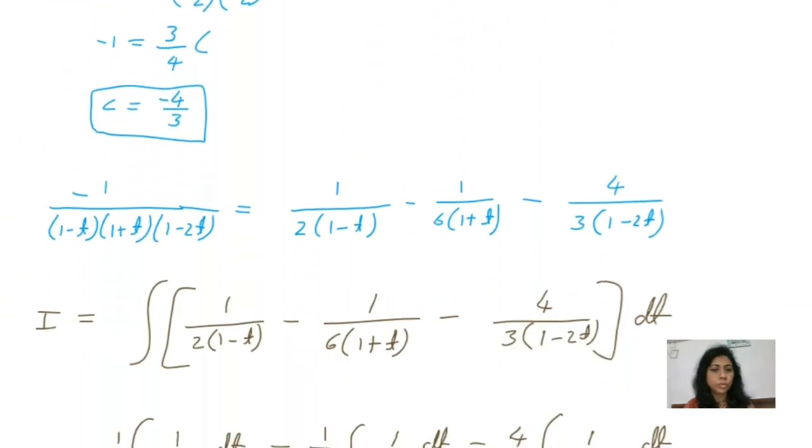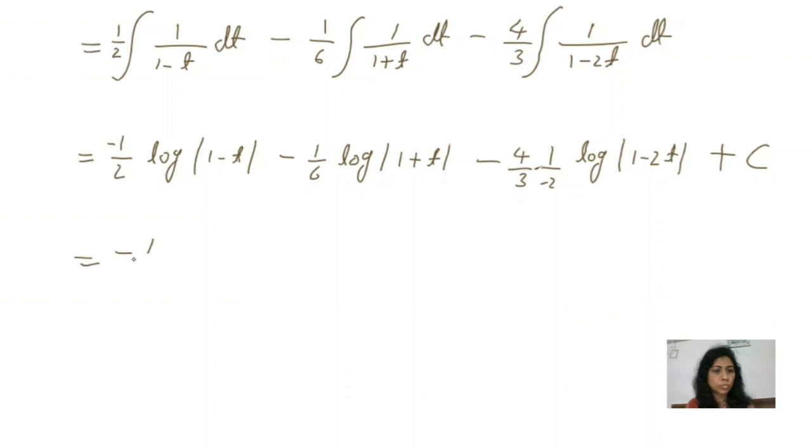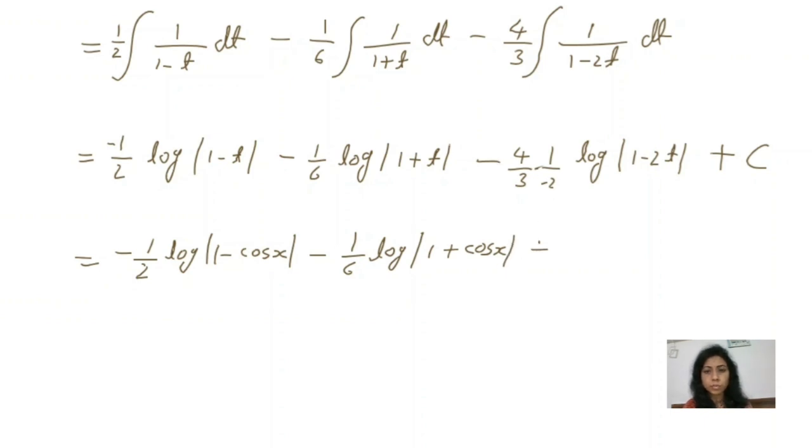So we can substitute: minus 1 upon 2 log absolute value of 1 minus cos x, minus 1 upon 6 log absolute value of 1 plus cos x, and here negative times negative is positive, and 2 cancels with 4, so this is plus 2 upon 3 log absolute value of 1 minus 2 cos x, plus C, and this is our final answer.